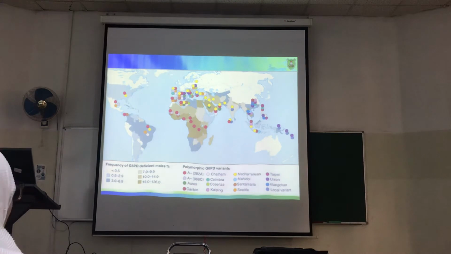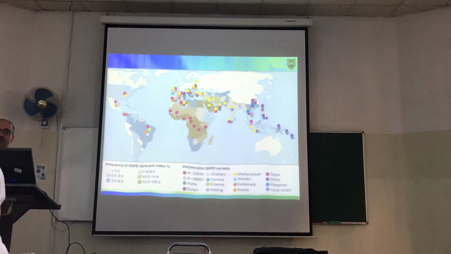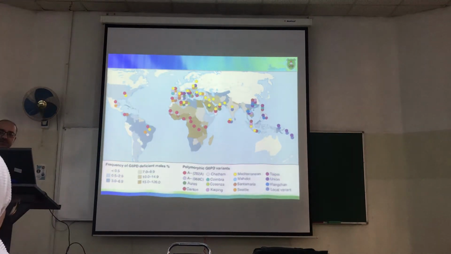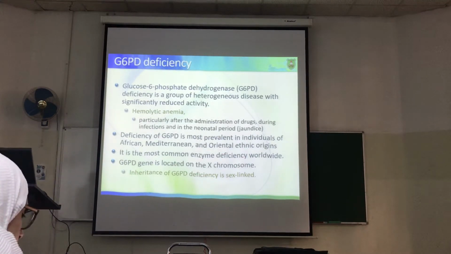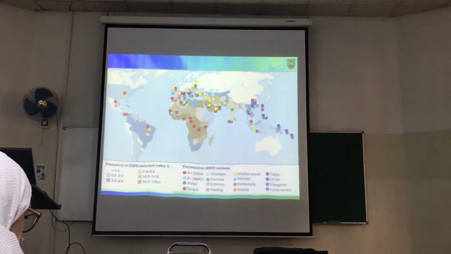Its prevalence is high in Jordan relative to other countries, so you have to pay more attention to this condition. Africans, Mediterraneans, and Oriental individuals are affected. The enzyme is located on the X chromosome, so males are more affected than females. And it causes hemolytic anemia.